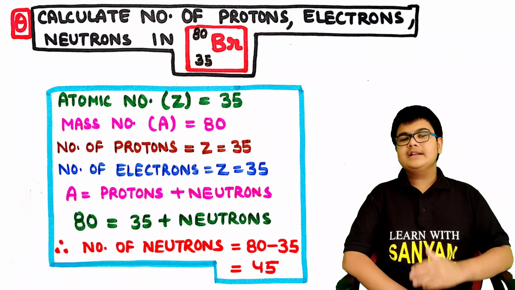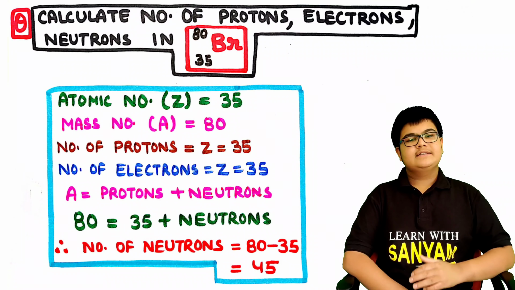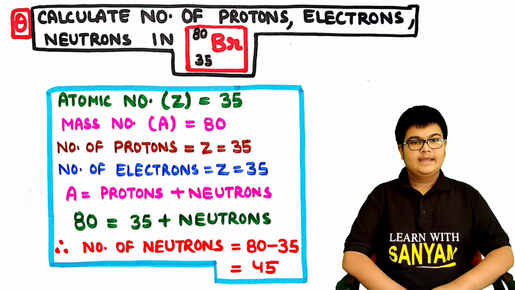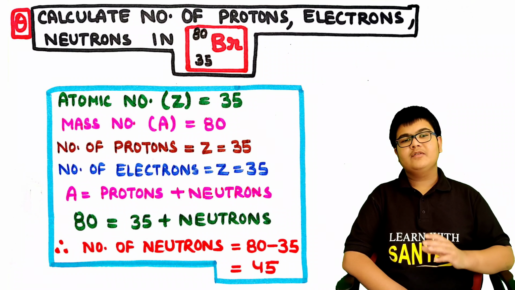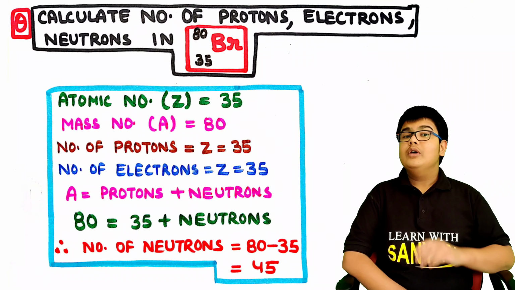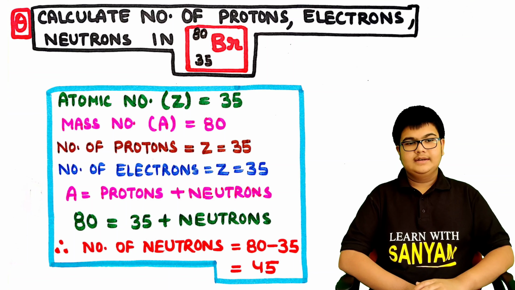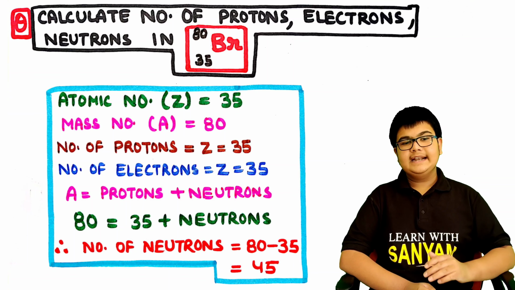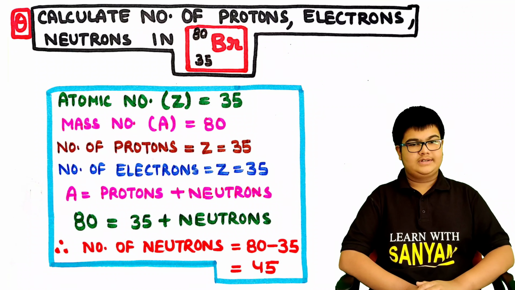So as the atomic number is equal to the number of protons, the number of protons is equal to 35. And the number of electrons also is equal to the atomic number, so the number of electrons is also 35. Now mass number is equal to number of protons plus number of neutrons. So therefore mass number, that is 80, is equal to protons, that is 35, plus number of neutrons.